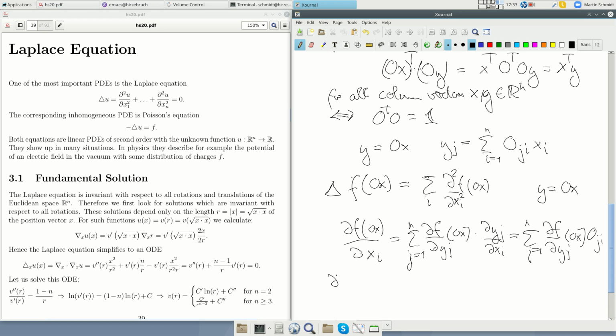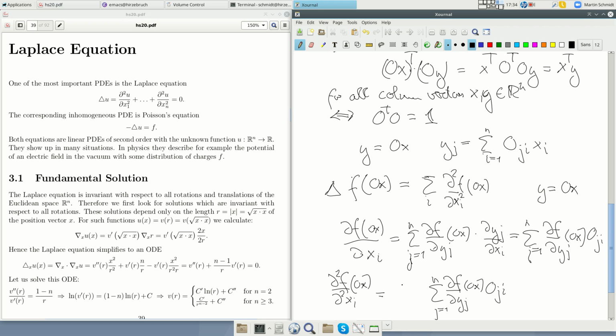Now let's calculate the second derivative, d square f of Ox by d x_i square. So we should take a second derivative. This is the sum over j equals 1 to n of df by dy_j of Ox times O_ji.